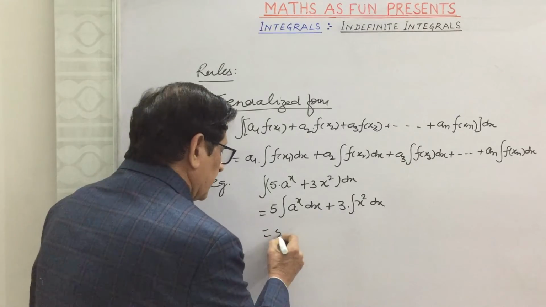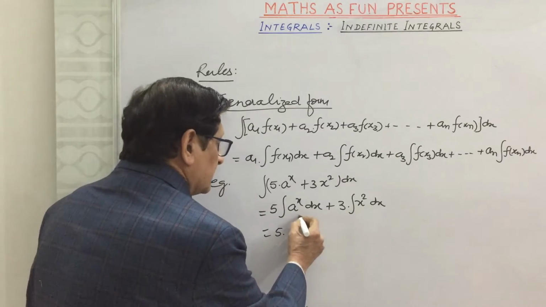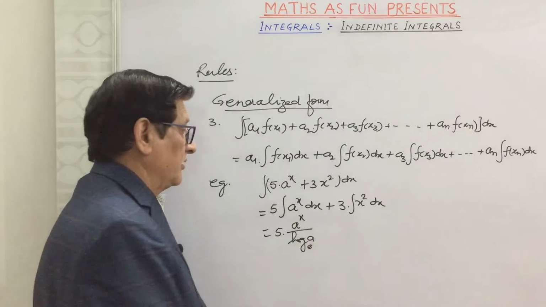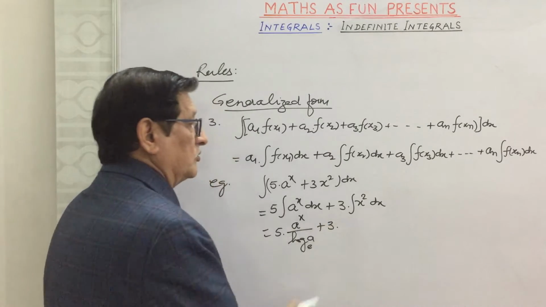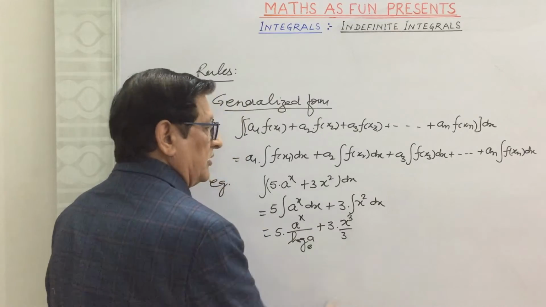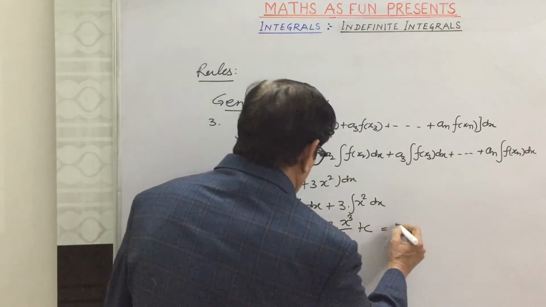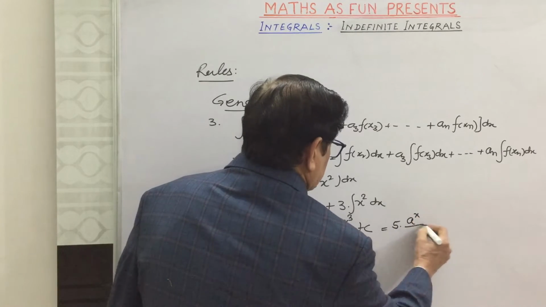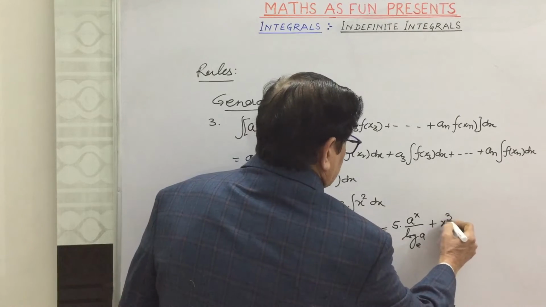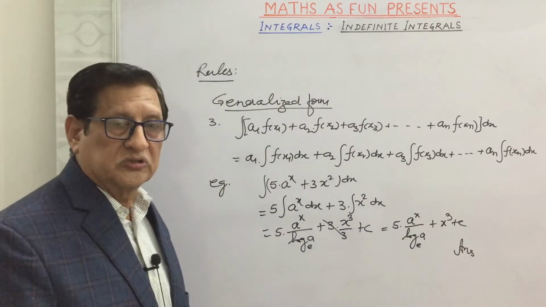So this can be written as 5 into, we know the integral of a^x, that is a^x upon log of a with base e, plus 3 into the integral of x square is x cube upon 3 plus c. This 3 and 3 cancel, which is equal to 5 into a^x upon log of a plus x cube plus c, and this is the answer to this particular question.